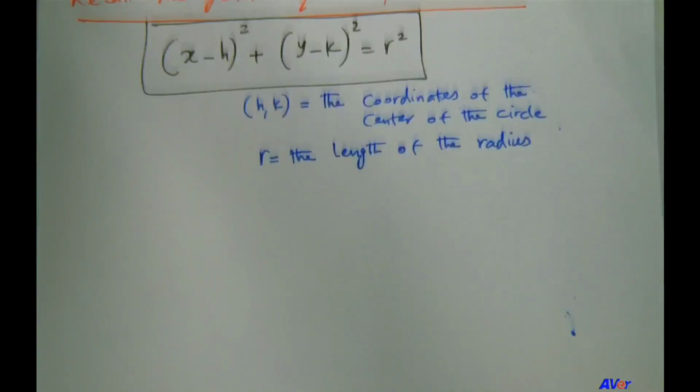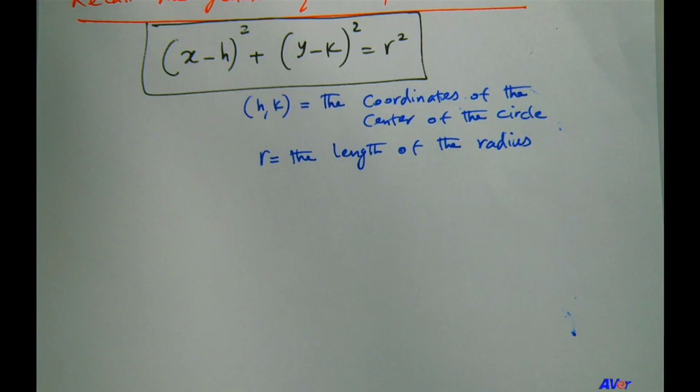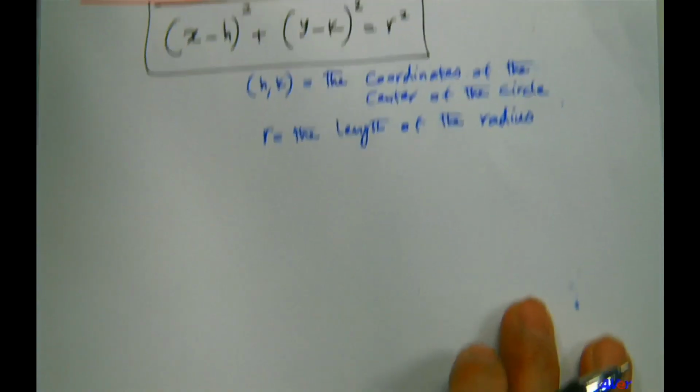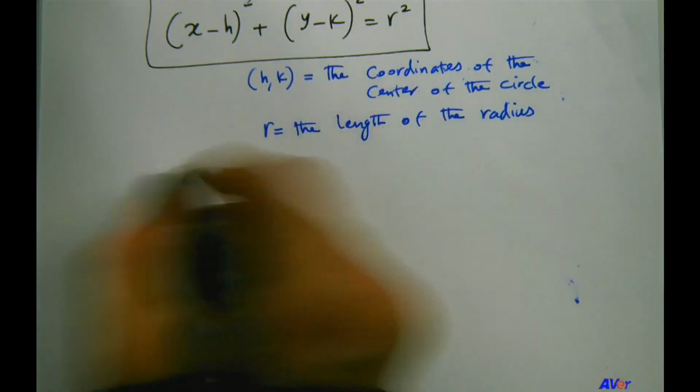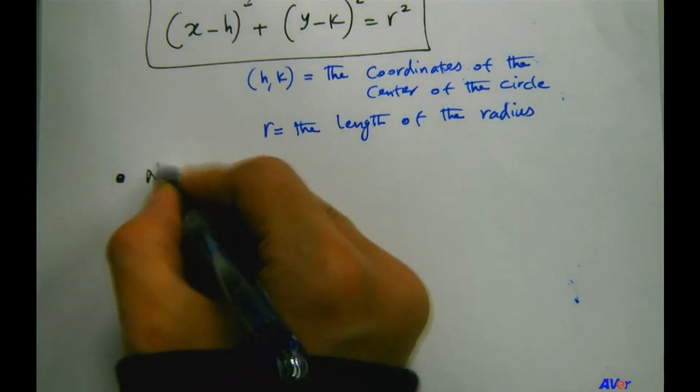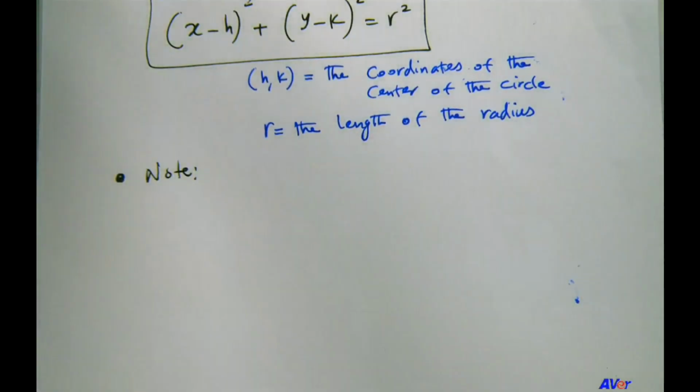So given this, what would be the equation of a unit circle that has its center at the origin of the xy axis? So let's give that as a note.